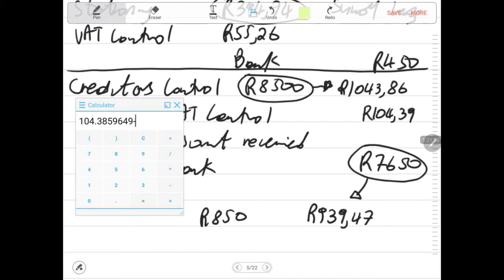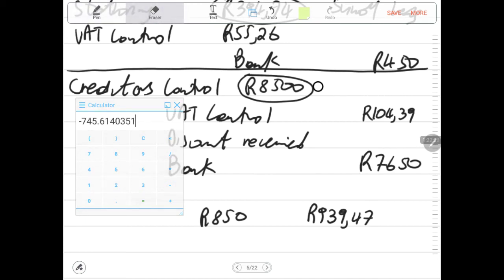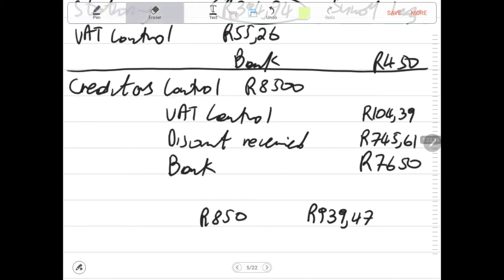Then we say minus 850 here. Deducting 850 here will give us the amount of the discount excluding VAT, 745.61. So yeah, this is the third calculation of the settlement where discount is granted.